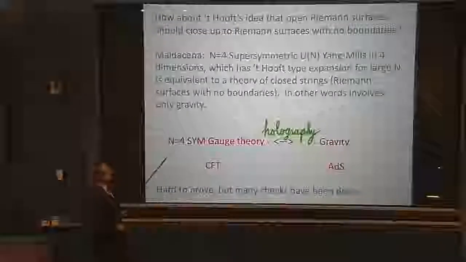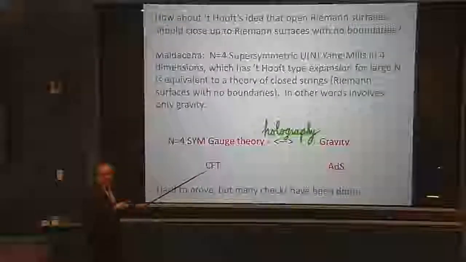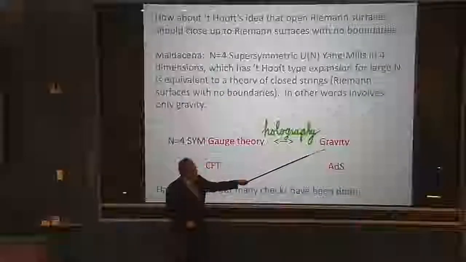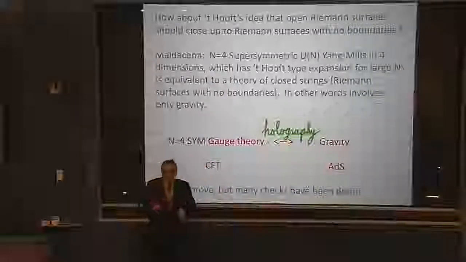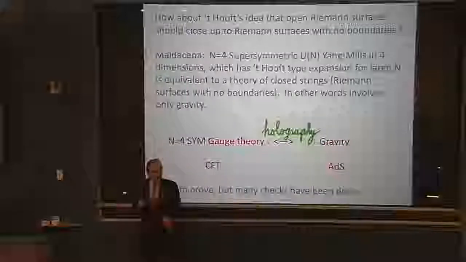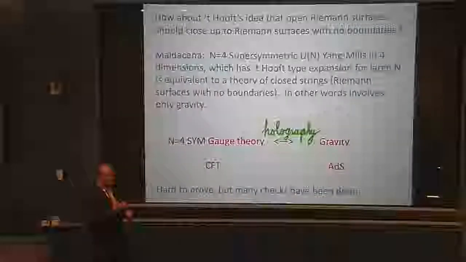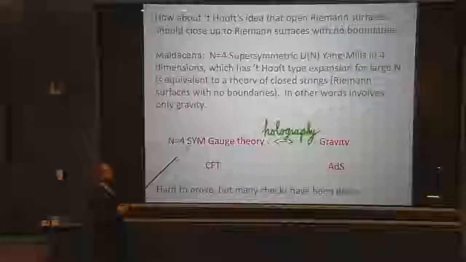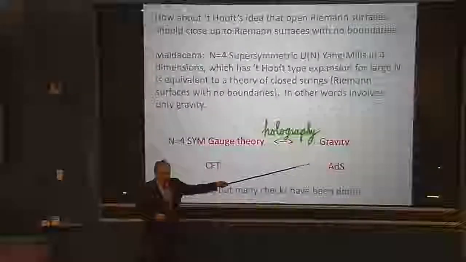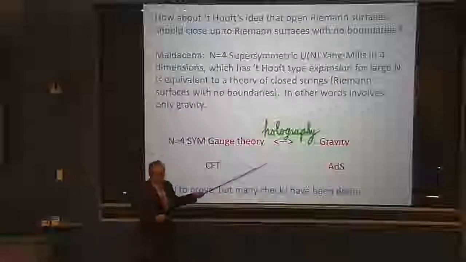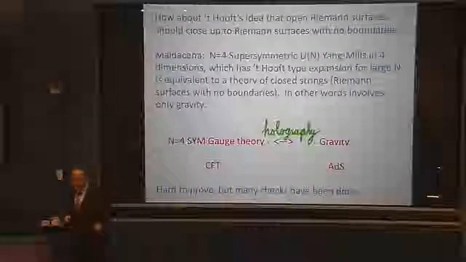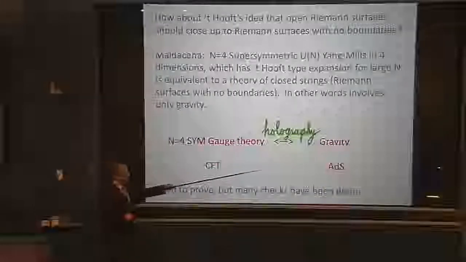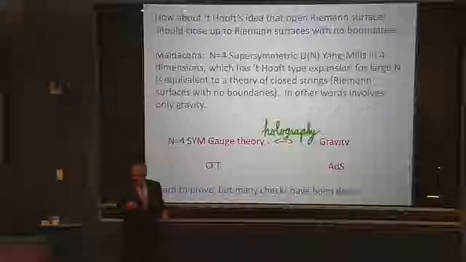So in other words, N=4 supersymmetric Yang-Mills, which is these Riemann surfaces with boundaries, in the large n limit has a limit which has no boundaries. No boundaries means, in physics language, there's no gauge field left over. At least there are no basic n degrees of freedom left over. And that means it's just a theory of gravity. So it relates a gauge theory to a gravitational theory. And that is one of the amazingly important topics in string theory called holography. It connects a gauge theory, in this case a conformal field theory, to gravity, in this case in the context of AdS.